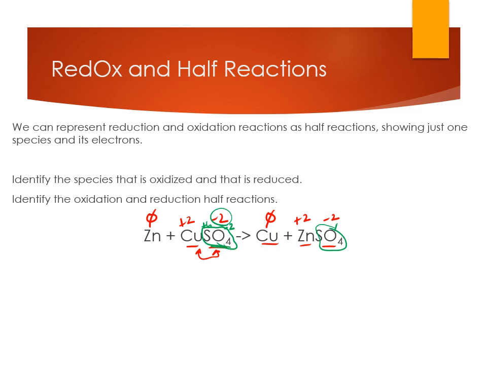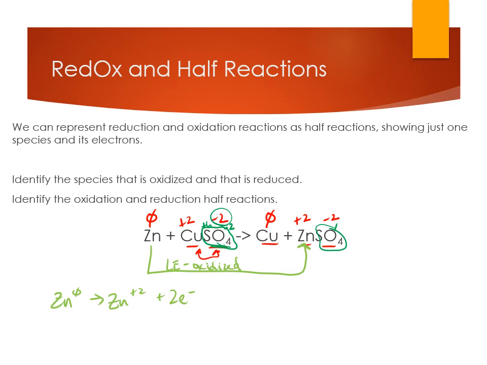All right. So what was oxidized? Whose charge went up? Zinc went from a 0 up to a +2. Zinc lost electrons. It was oxidized. That half reaction looks like this. We started with neutral zinc. It went to zinc with a +2 charge and 2 electrons that got lost from that zinc.